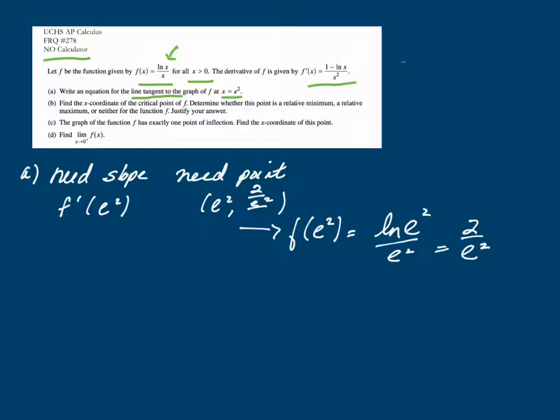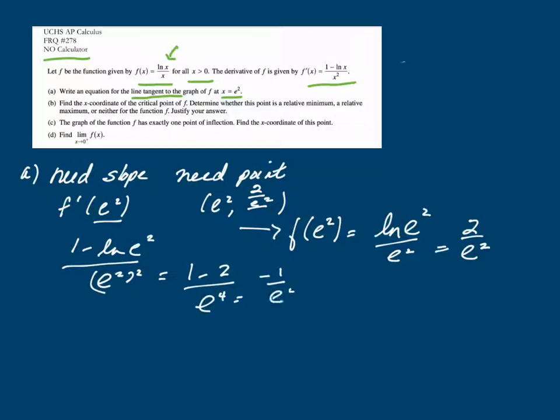So now we need the slope, which is f prime at e squared. So we would put e squared into that. That's 1 minus ln of e squared over e squared squared, which is equal to 1 minus 2 over e to the fourth, which is negative 1 over e to the fourth.